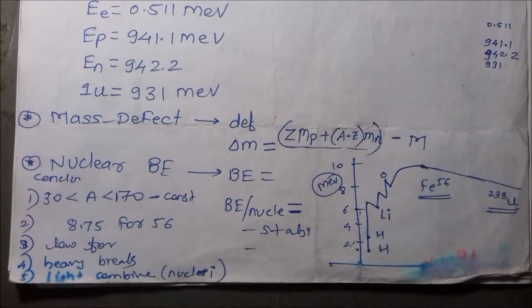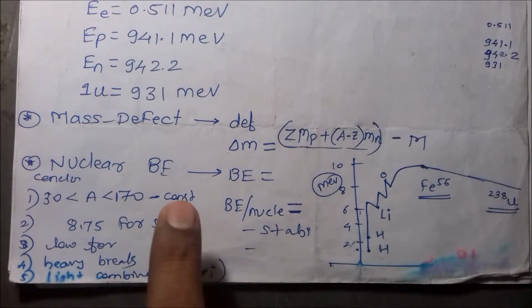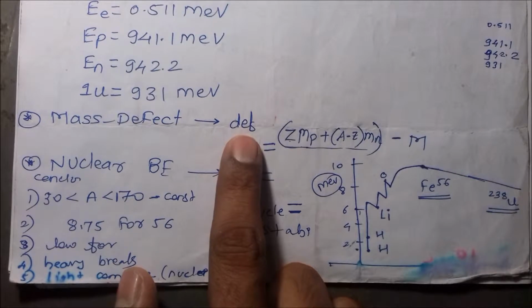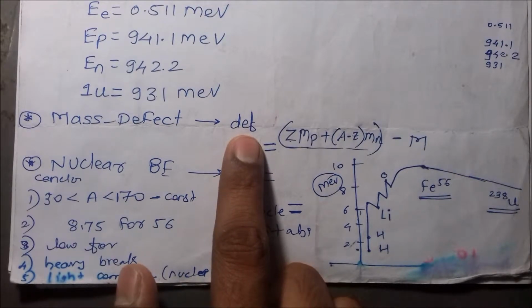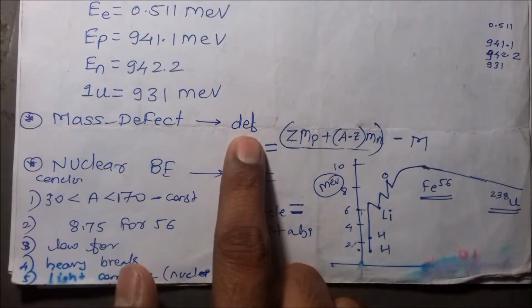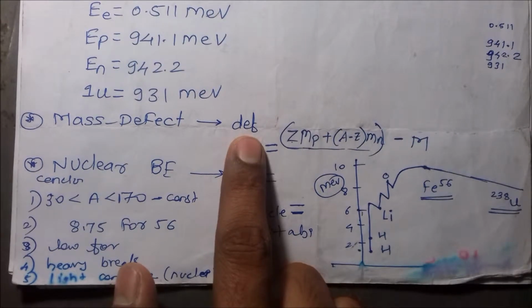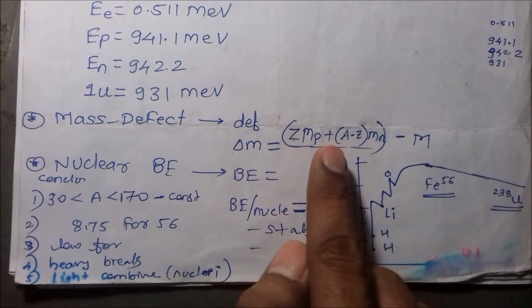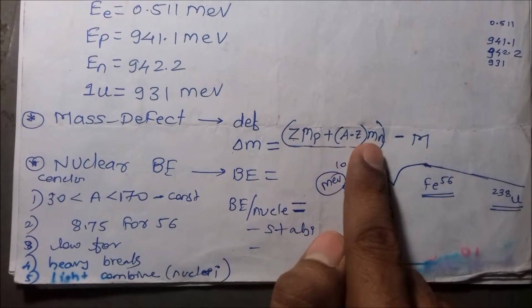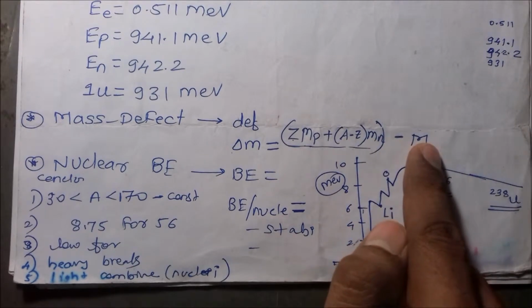Then mass defect. Mass defect is difference between expected mass minus actual mass. It is Zmp plus (A minus Z)mn minus actual mass.